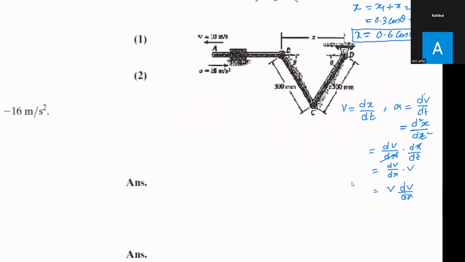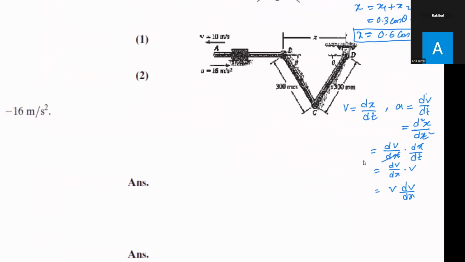We also have similar formulas for the angular. Omega equals d theta over dt. And alpha, angular acceleration, is d omega over dt, or d squared theta over dt squared, or omega d omega over d theta.